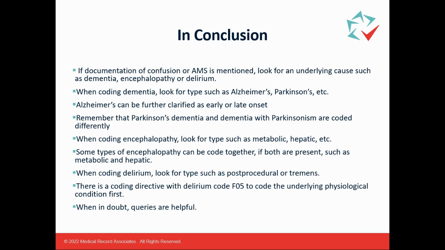If a patient is shown as dementia, you will want to look for the type, the same for encephalopathy. And if you have delirium, you will want to code the physiological condition first. And queries can help with all kinds of problems with documentation, and with these specific diagnoses, they are very helpful.